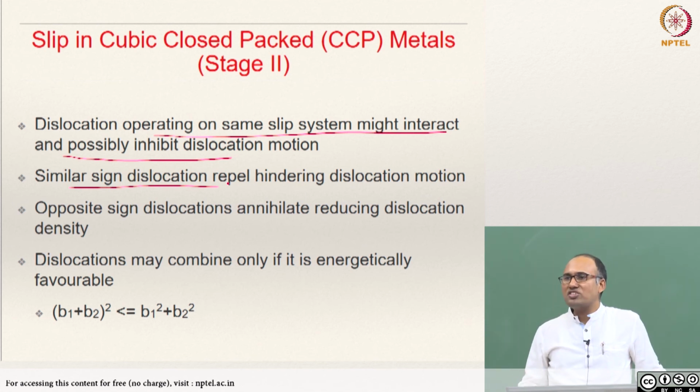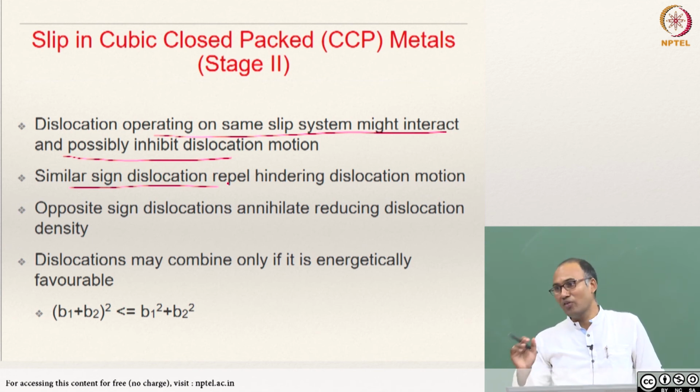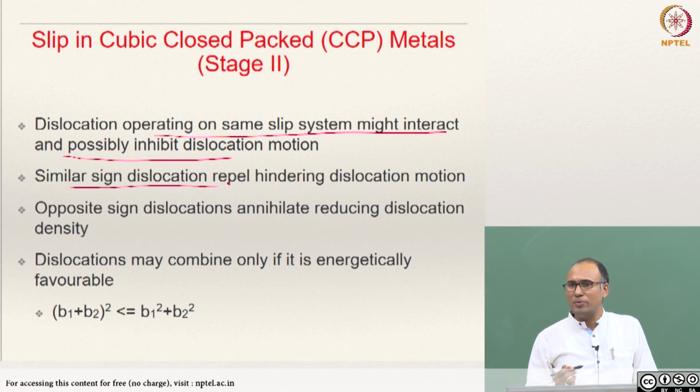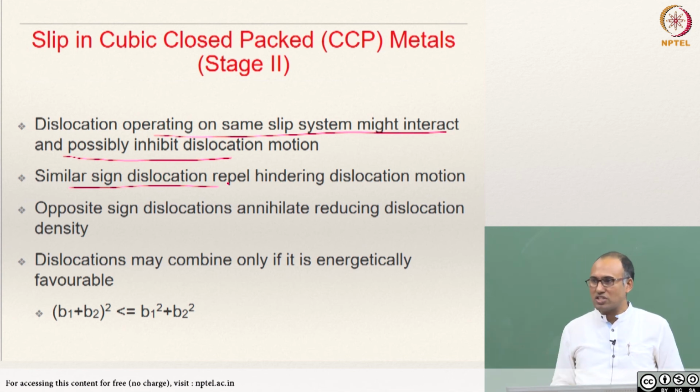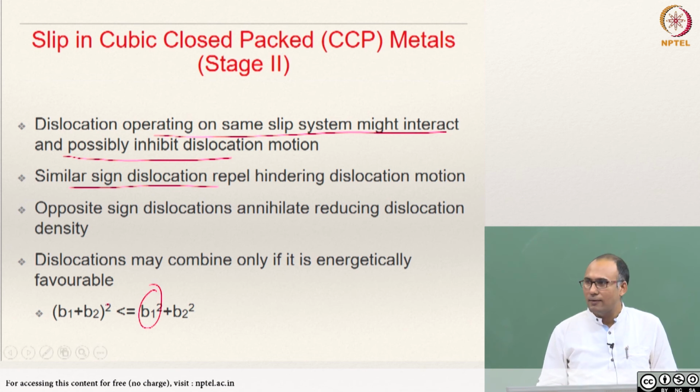So, how do the dislocations combine? How do they decide whether they want to combine or not? Will they always combine or will they not? Let us see. Whether two dislocations combine or not should depend on the energetics. So, if two dislocations have Burgers vectors b1 and b2, the energy associated with the first dislocation is proportional to b1 squared, and the second dislocation is b2 squared.